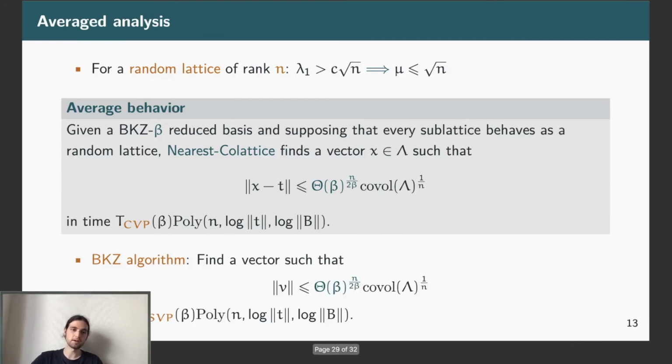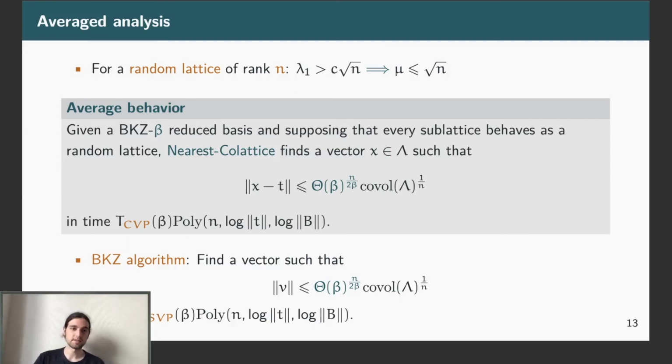This should be compared to the situation for the BKZ algorithm. The BKZ algorithm finds a vector which is within this bound, theta beta to the n over 2 beta, multiplied by the normalized covolume of the lattice, in polynomial time times the oracle time for SVP in dimension beta. So we get exactly the same kind of trade-off for the same time complexity as we have for approx-CVP.